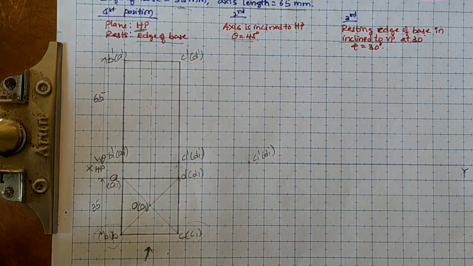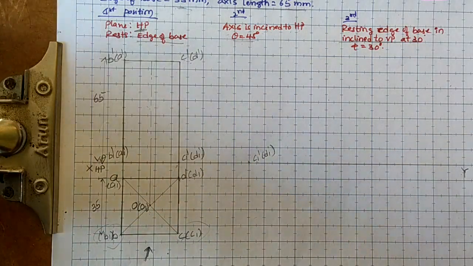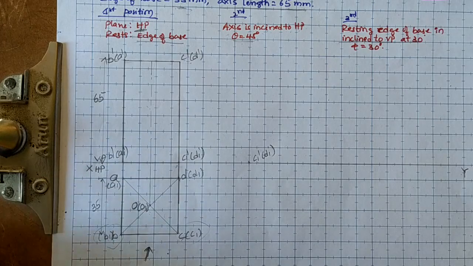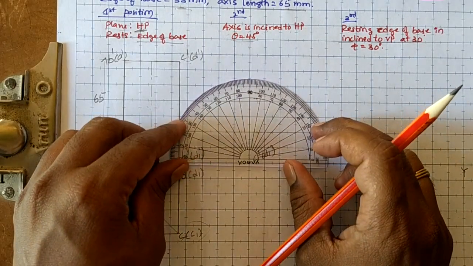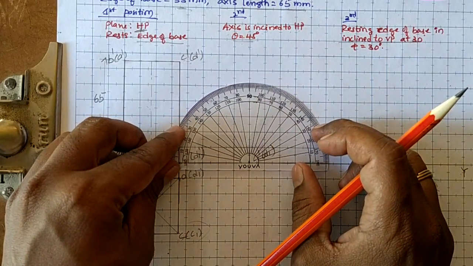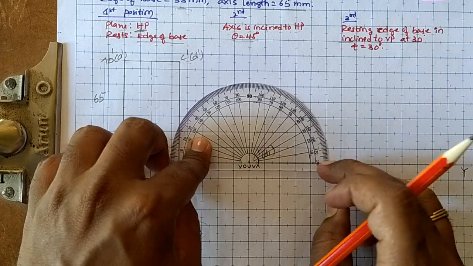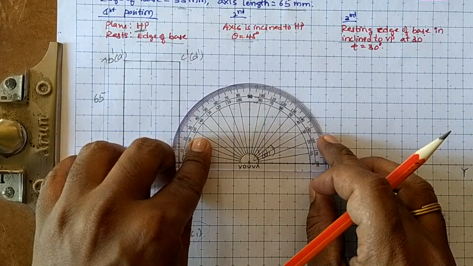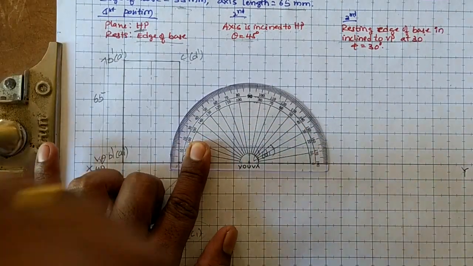First I want to draw the base at an angle of 90 minus 45 degrees. Put the protractor on the resting point, then measure the angle from this side.